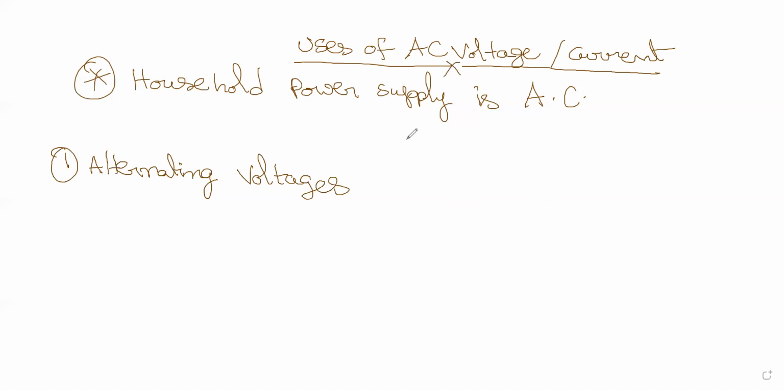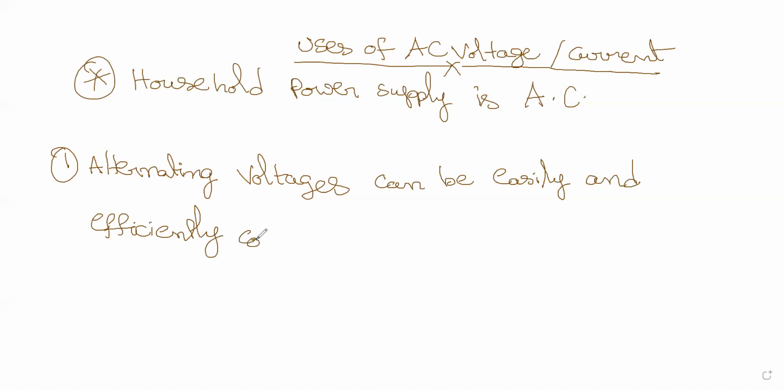Alternating voltages can be easily and efficiently converted by using transformers.